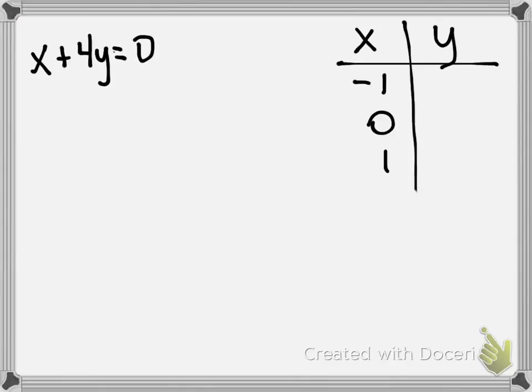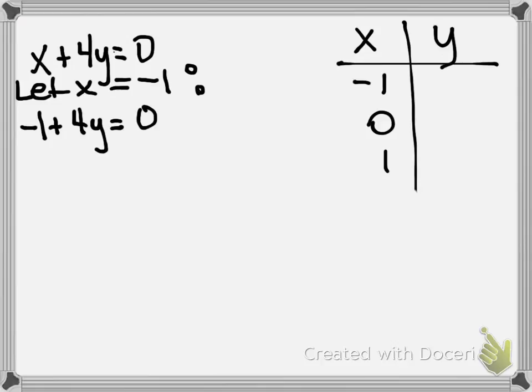So if I pretend that x is -1, I get something that looks like that. This is when I let x equal -1. Well, I have to solve for y now. So add 1 to both sides. So 4y equals 1. Divide by 4.